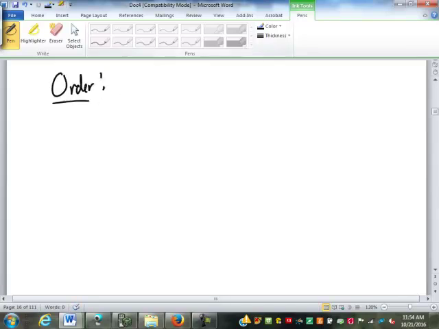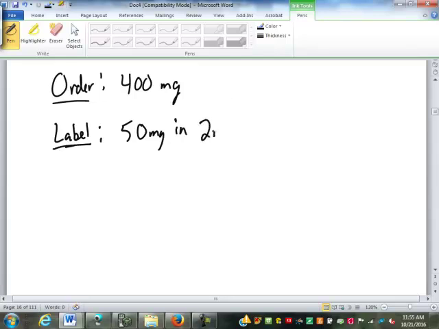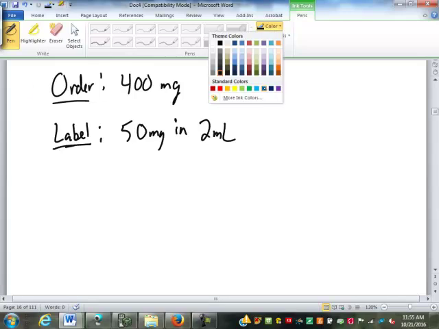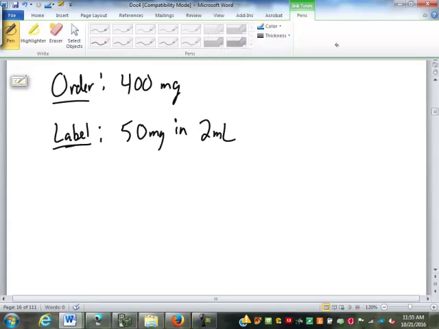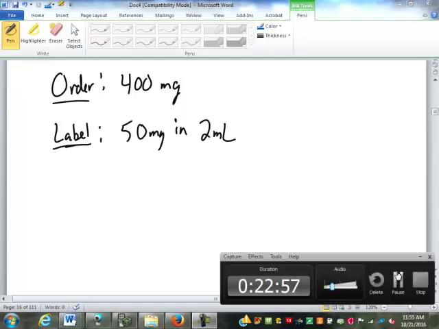So let's say we are ordered to administer 400 milligrams. Our label is 50 milligrams in 2 milliliters. In your notes, find out how much you administer to the patient quick.